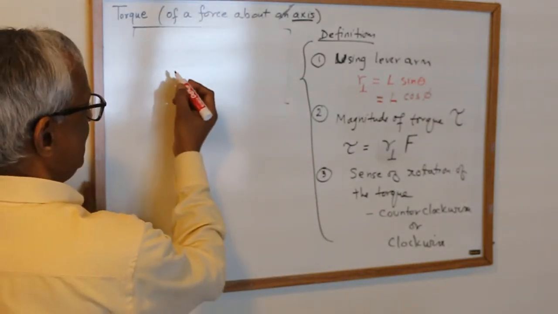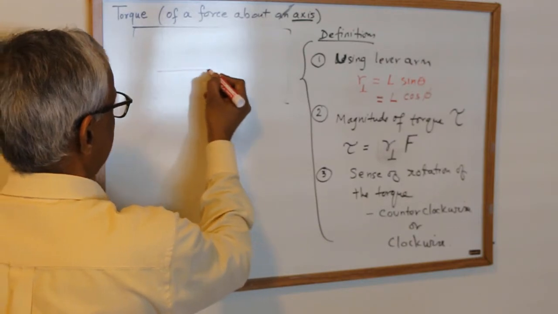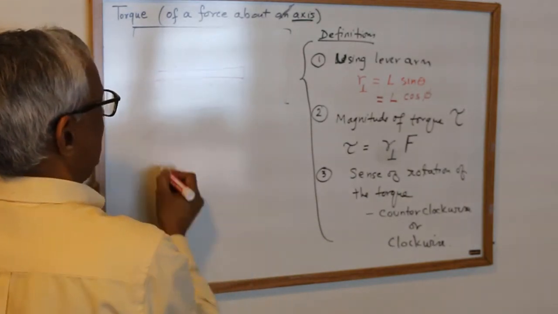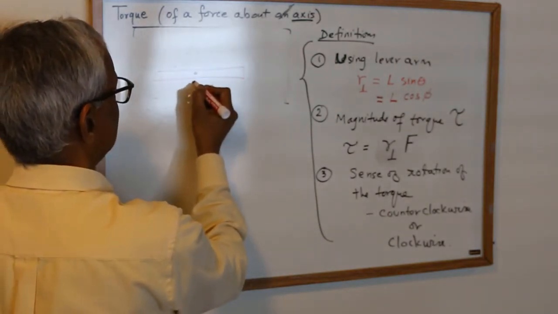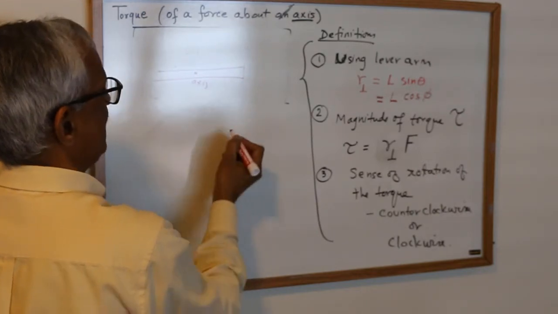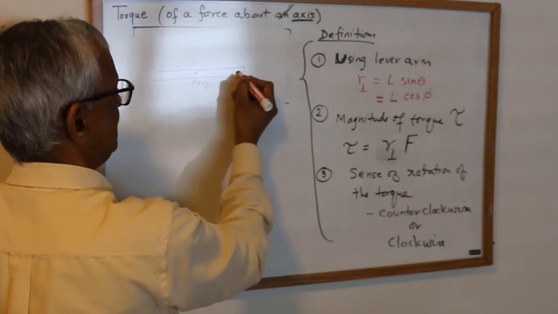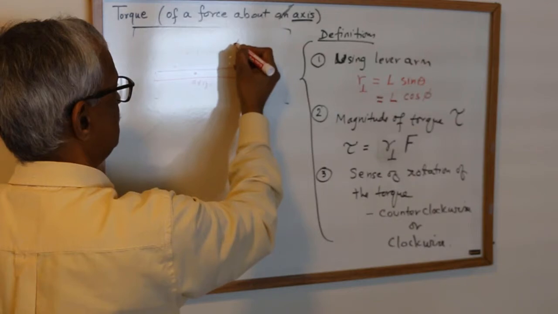So here is the illustration. Say this is my axis, and let's do a very simple example.